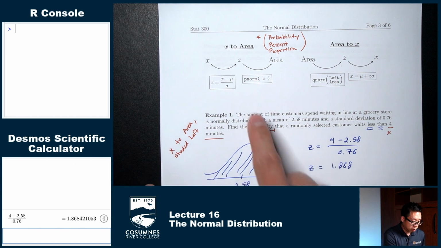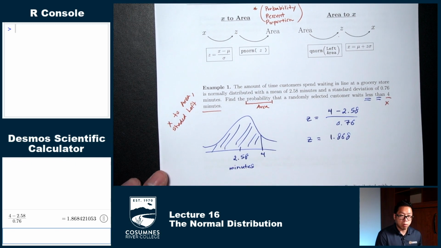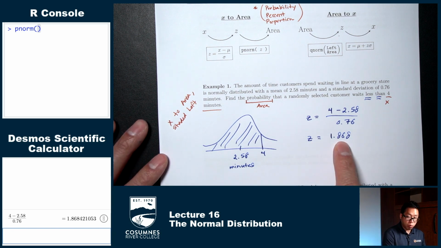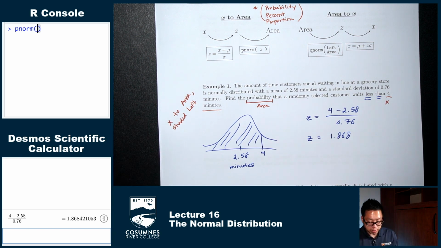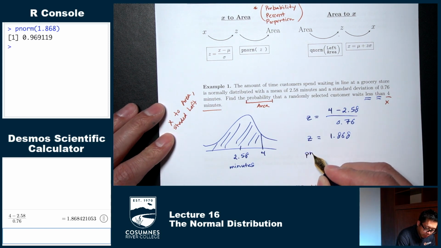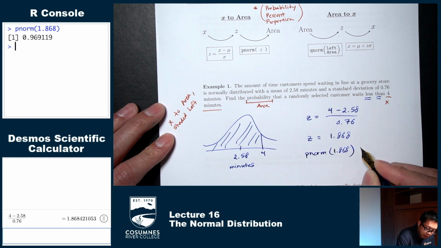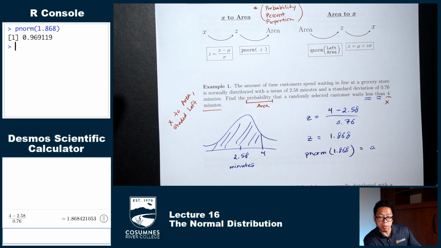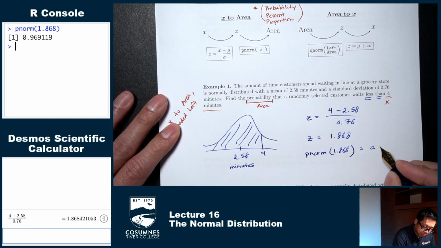This pnorm is going to be in R. So we're going to do pnorm and then we enter the z. Our z was 1.868. So we did pnorm 1.868 and we got, rounded to 3 decimal places, 0.969.